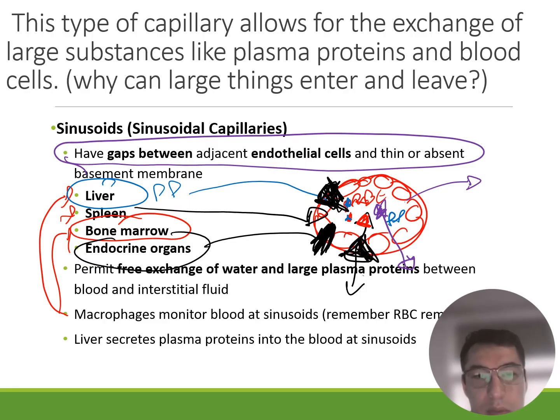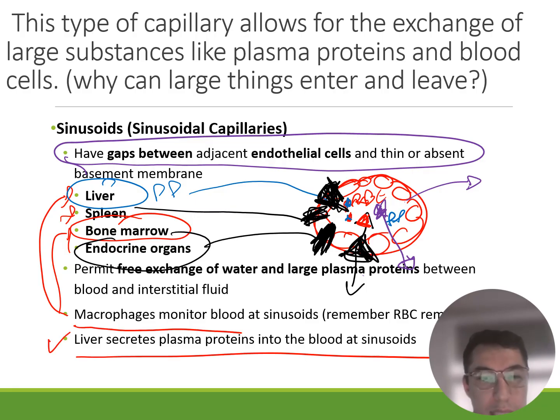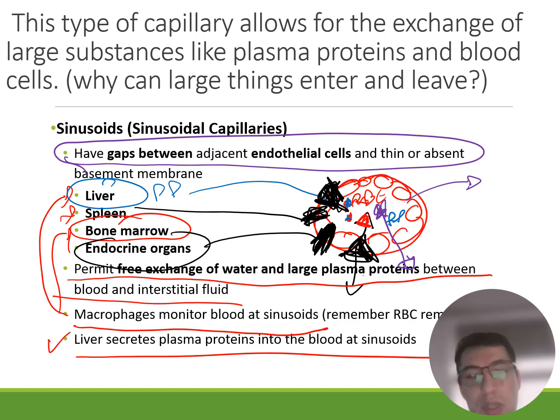The spleen, we're recycling those red blood cells. So how can we allow red blood cell recycling to happen? Well, through one of those holes. Just keep in mind, the liver secretes plasma proteins to the sinusoids. Macrophages enter in and out to recycle red blood cells. These allow free exchange of water and large proteins between blood and interstitial fluid.